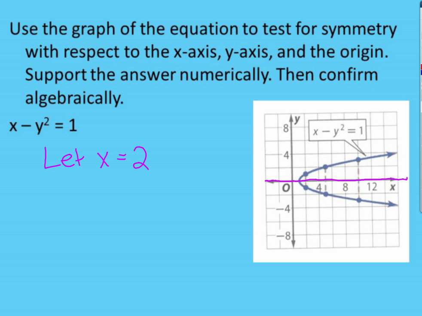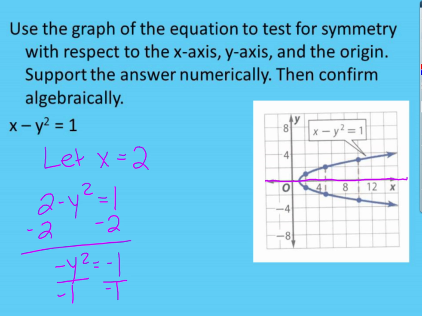If x is 2, we're going to substitute it into our equation and we're going to solve for y. So the first thing we're going to do is subtract 2 from both sides. We're going to divide both sides by negative 1. Now we have y squared is equal to 1.